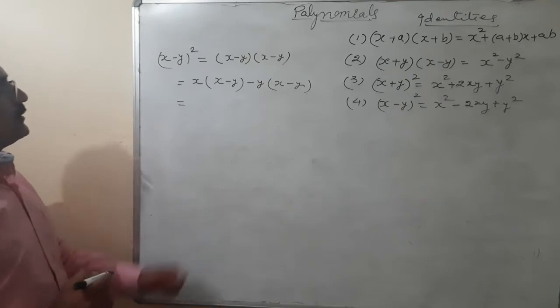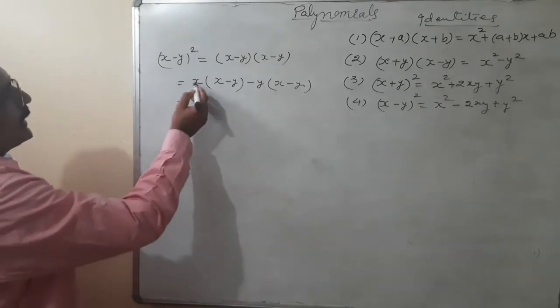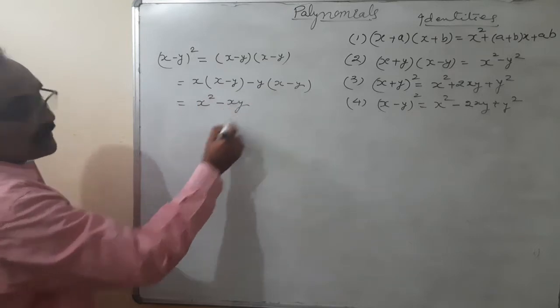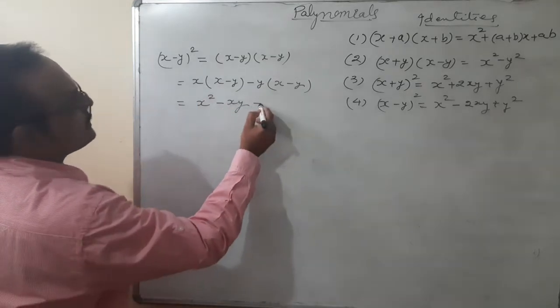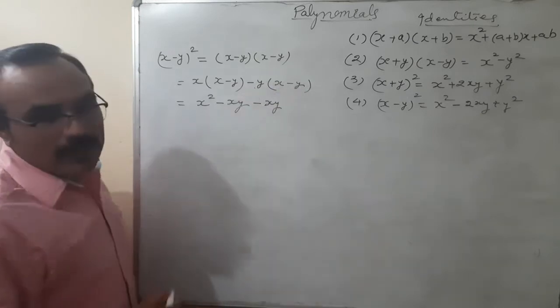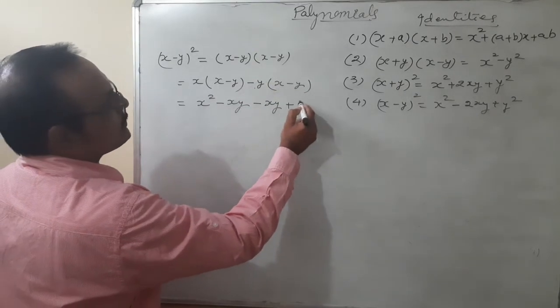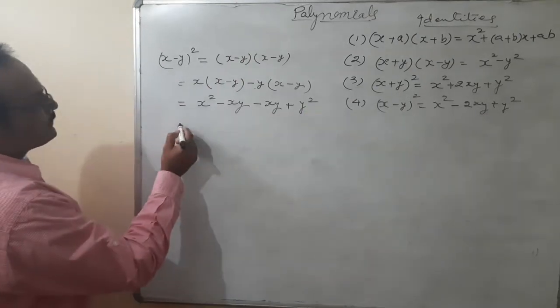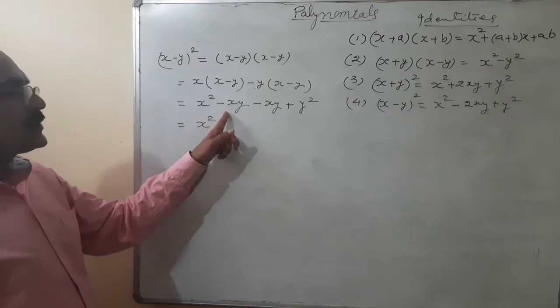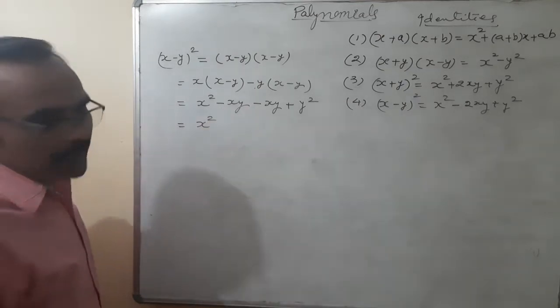Again open the bracket: x into x, it is x square, minus x into y, xy, minus y into x, again it is xy, minus y multiplied by minus y, it is plus y square. That means x square minus xy minus xy, both the terms are like terms.